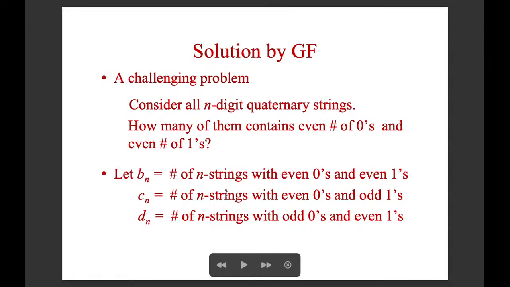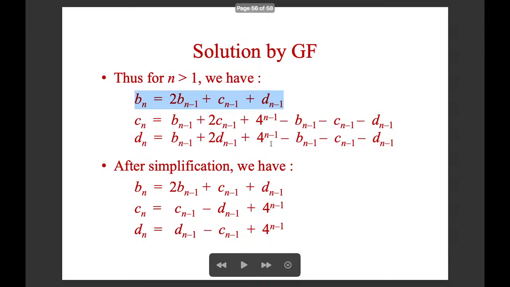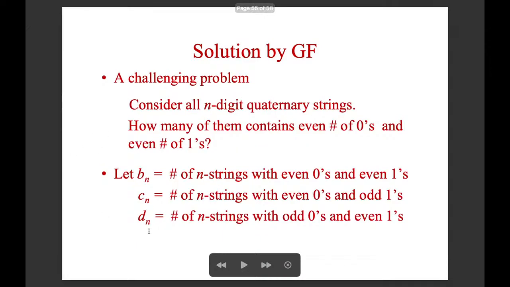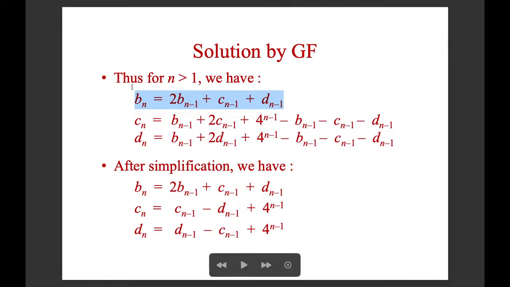Another way is we start with an (n-1)-length string with an even number of zeros and an odd number of ones, and in order to make it even, we add a 1 at the end. So we get another one. The number of ways of doing so is C(n-1). And similarly, for the first n-1 digits with odd zeros and even ones, there are D(n-1) ways, and to make the total even, we add a 0 at the end. So the number of ways of doing so is D(n-1). So we establish a formula for Bn, and similarly, we can establish a formula for Cn and a formula for Dn.